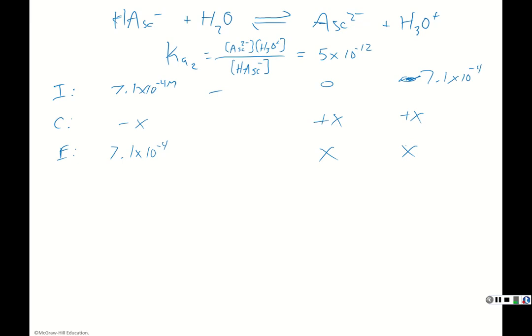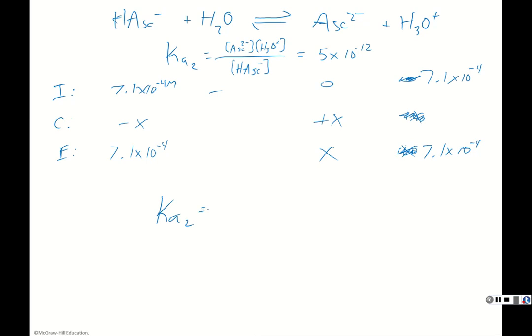To make it easier on ourselves here, we're ignoring the additional amount of H3O plus that would be produced here. We're just assuming those are negligible. So that's going to be our value for H3O plus. So now we only have one X to deal with in our Ka expression, which makes the math quite a bit easier.